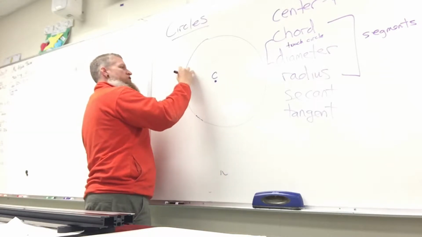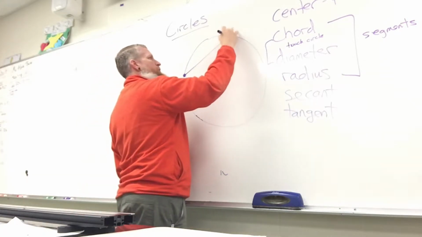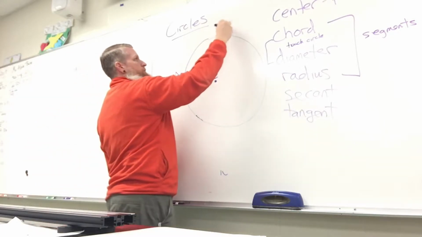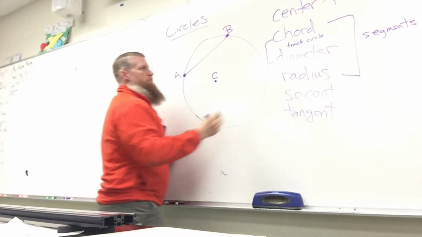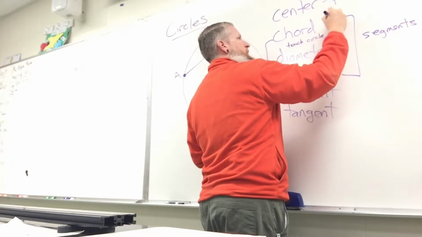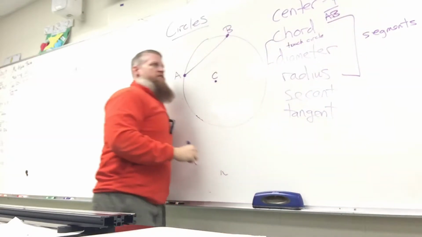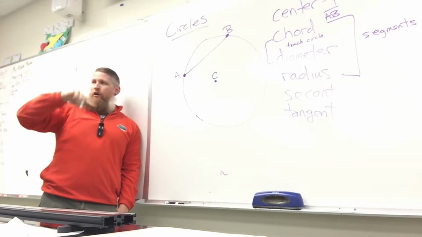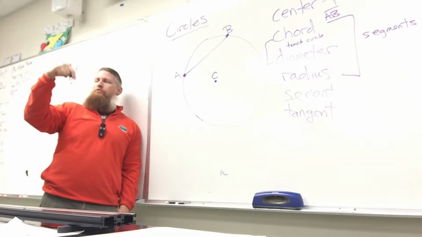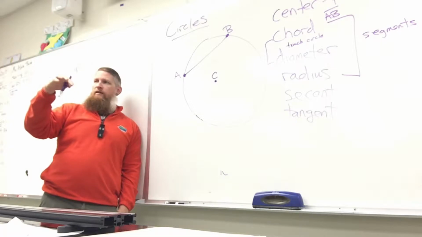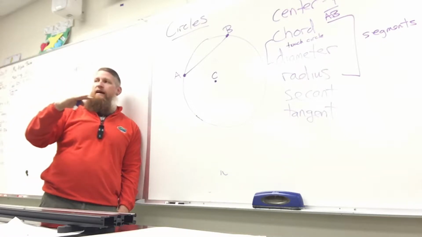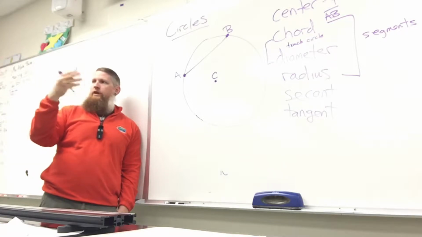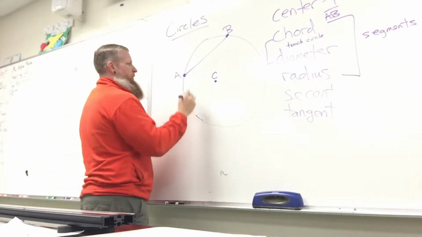Okay, so if I was just to identify a chord, it would be something like that right there. So segment AB would be considered just a chord. Again, a diameter is also a chord, but since it passes through the center and it essentially cuts your circle in half, you're going to identify it as a diameter just so that other properties pop up with it.